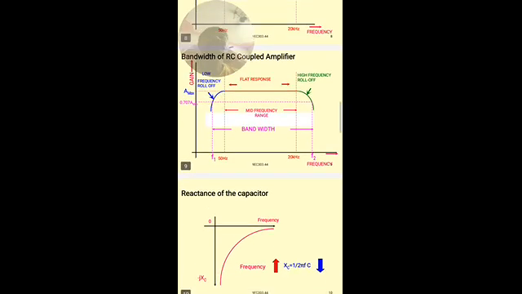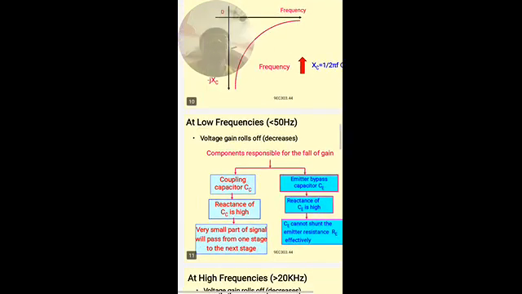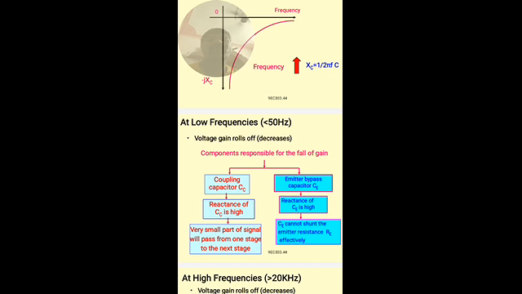Let us see why the gain decreases in the low frequency region and also in the high frequency region, and why the gain remains constant in the mid frequency region. In the low frequency region, the gain rolls off because the reactance of the coupling capacitor is very high at low frequencies.